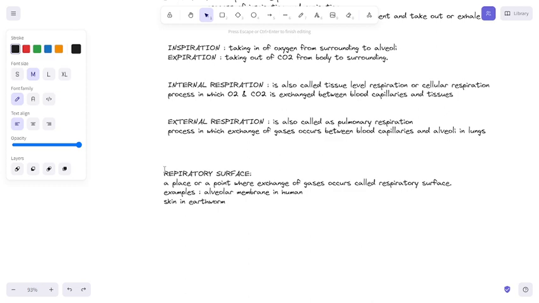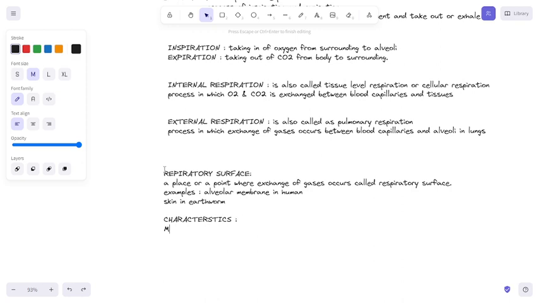So these are some of the examples of respiratory surface. The respiratory surface of earthworm is skin, and in human the respiratory surface is the alveolar membrane, or you can say alveoli, which are covered with alveolar membrane by which exchange of gases occurs. So we have some characteristics of respiratory surface.